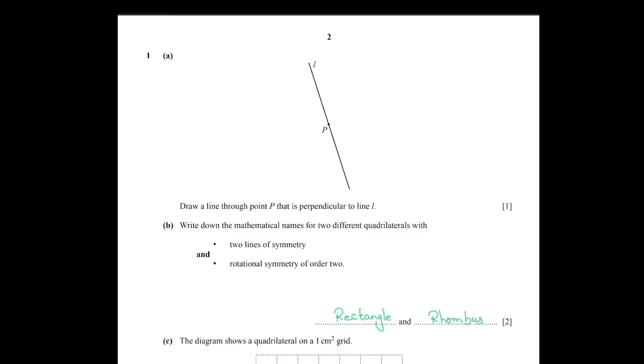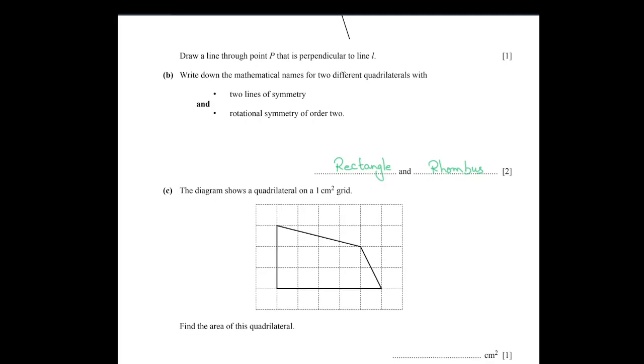Question number C. The diagram shows a quadrilateral on a 1 centimeter square grid. Find the area of this quadrilateral. Now whenever a square grid is given and shapes are drawn on the grid, we need to count the squares. So let us count complete squares first. This is 1, this is 2.